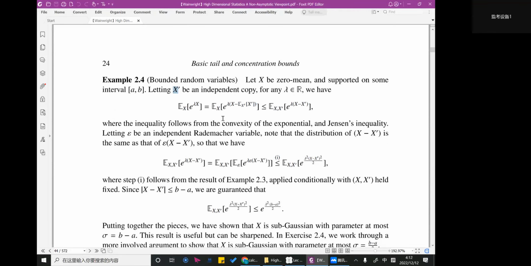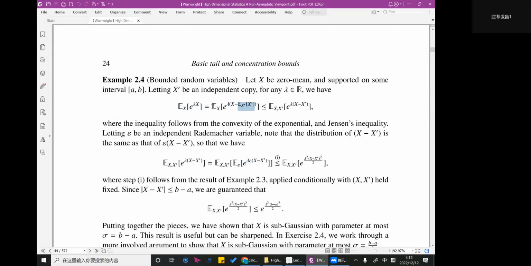So here the writer gets an independent copy of random variable x, which is assumed to be 0 mean and bounded on this interval. Here the writer incorporates the x prime like this.